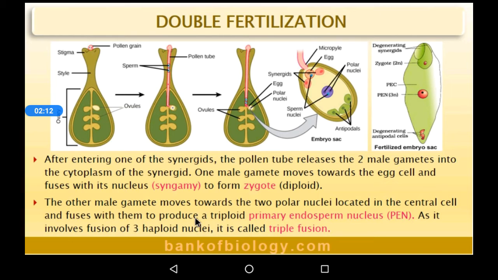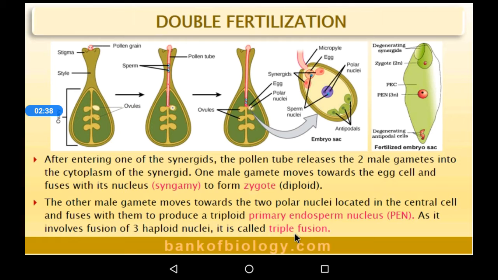So altogether three nuclei, triploid. This triploid is known as the primary endosperm nucleus, or PEN. As it involves fusion of three haploid nuclei, it is called triple fusion.